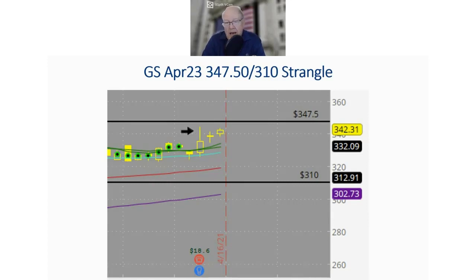So, yeah, I even tell people, if you took up the CEO and he told you that the earnings were going to be double the expectations, our forecasts for the future are through the moon, you still don't know what they're going to do to the stock. So that's in most cases why I trade it neutrally. But there's a little visual example of where Goldman Sachs stood and what the strangle looked like.